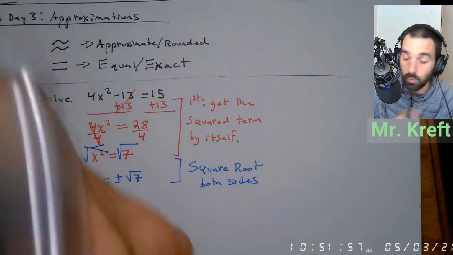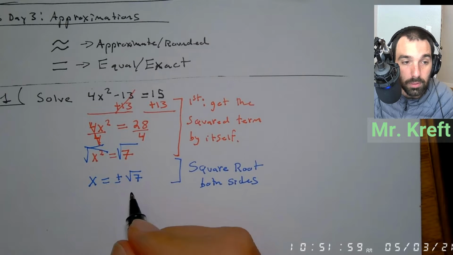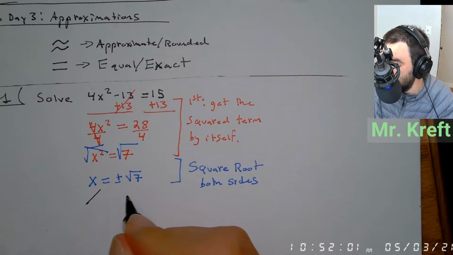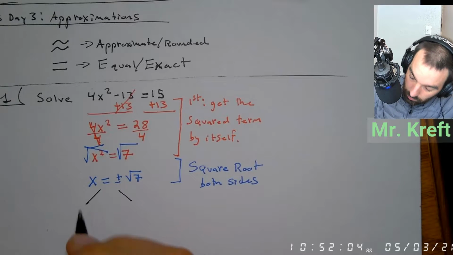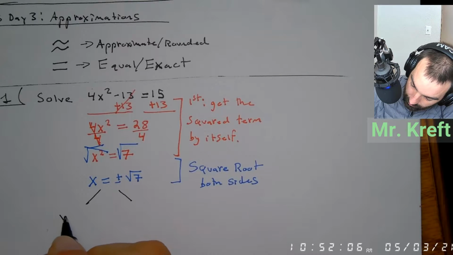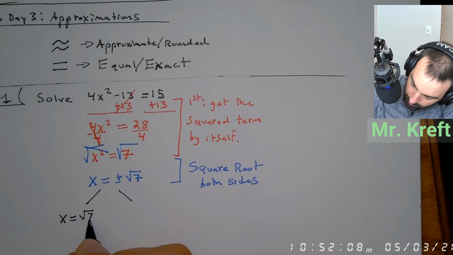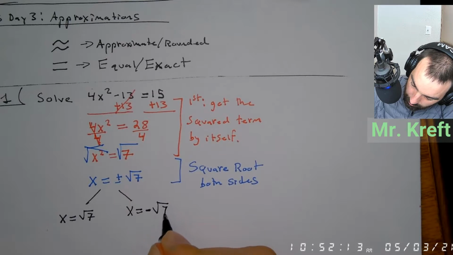Remember, when we square root a square, we get a plus or minus. So I'm going to break this up into 2 equations: x equals root 7 or x equals negative root 7.